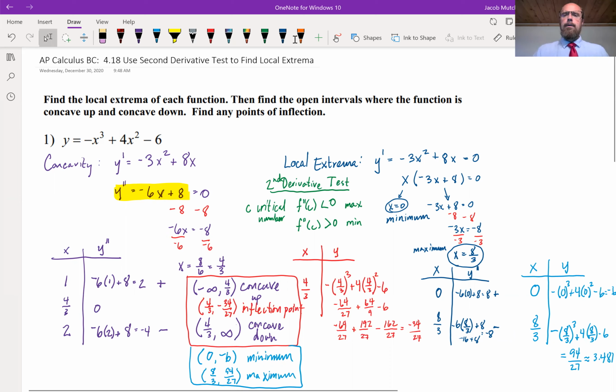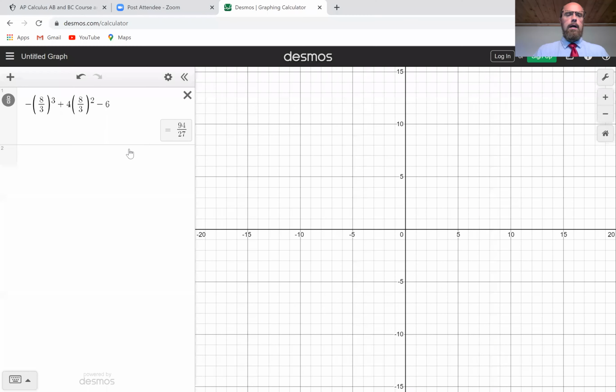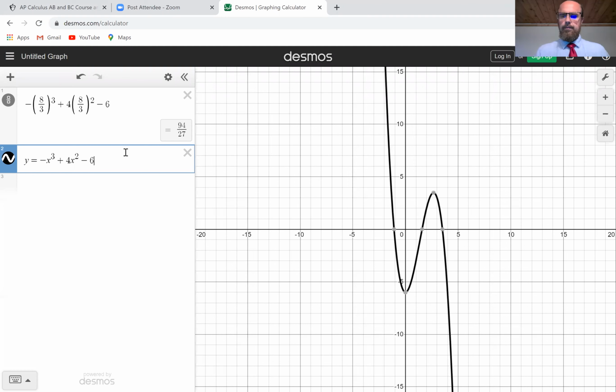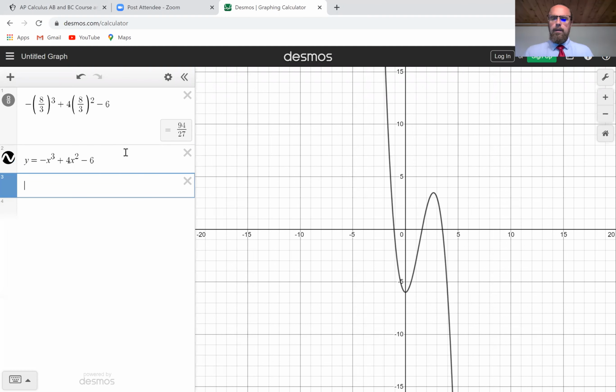We've really found concavity, inflection point, and the relative extrema. So I want to plug in the function y equals negative x cubed plus 4x squared minus 6. So there's the graph of the function. To check our inflection point, we were really finding the value of the function at 4/3.